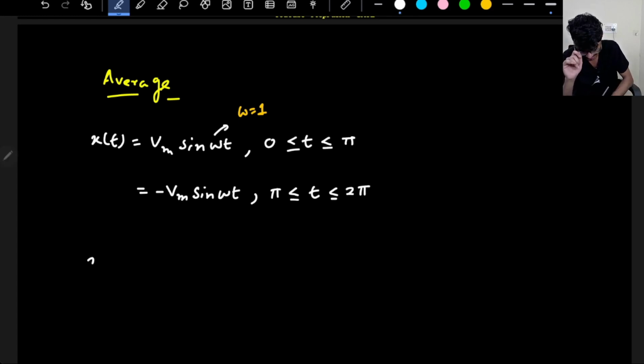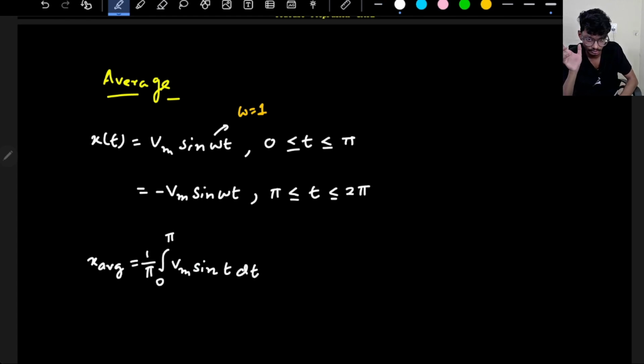So what is my x average? X average will be the integration from 0 to pi, 1 by pi, because I am dividing by the time period, and now the time period is only till pi, of Vm sin t dt. Or I can write d omega t as well, that is totally fine.